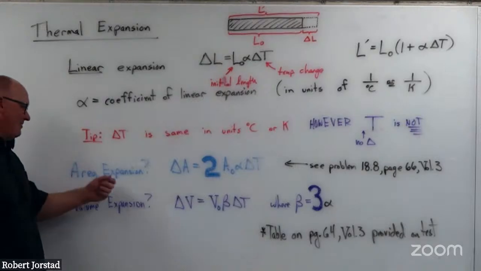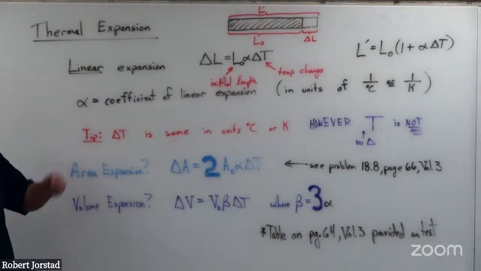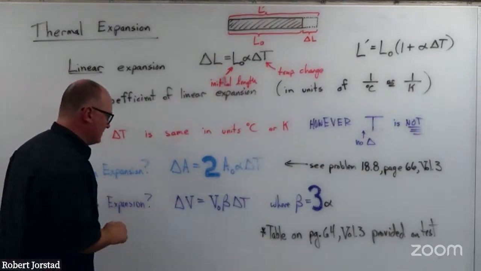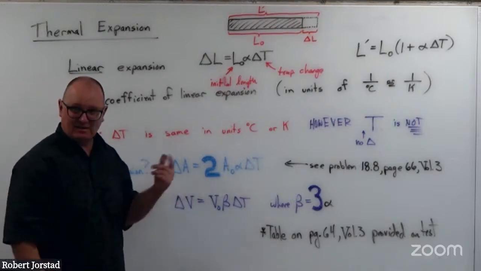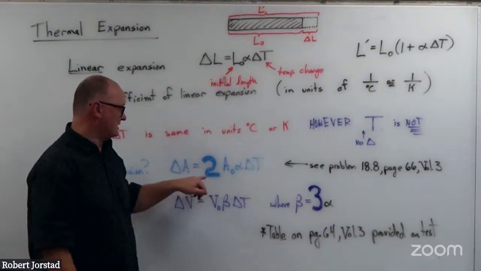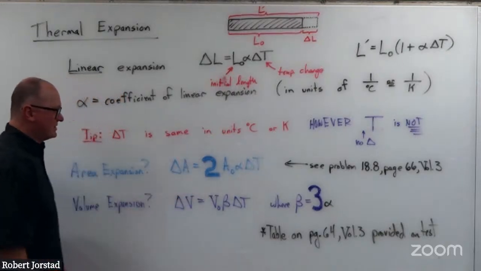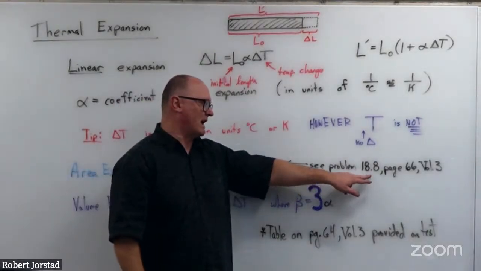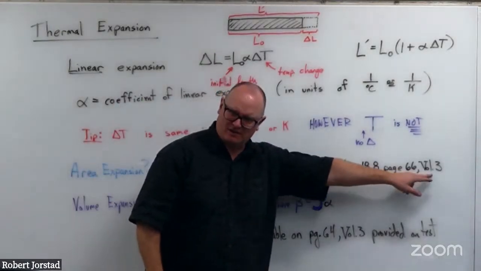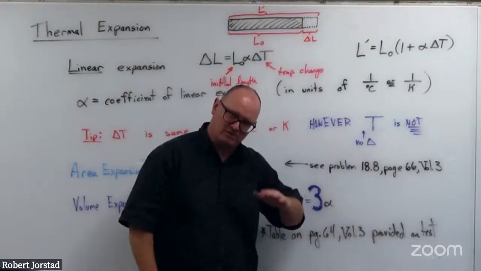For an area expansion, and I've got a visual in just a second on the other board to help you visualize this, there's a factor of 2. I like to think about it as length and width both expand, so then you double the change. Now you might be saying, why isn't it squared? If you're curious, you could look at problem 18.8 on page 66 of volume 3, and I walk you through that and we do the problem.